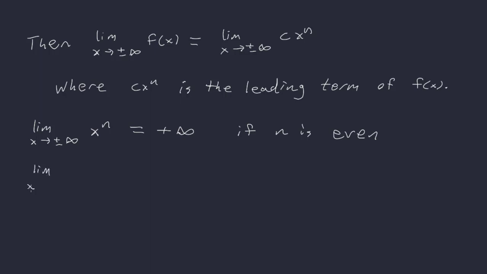Okay. But if we have an odd power, so the limit as x goes to positive infinity of x to the n will be positive infinity, and the limit as x goes to negative infinity of x to the n will be negative infinity if n is odd, right?